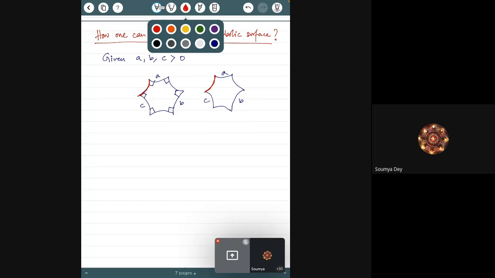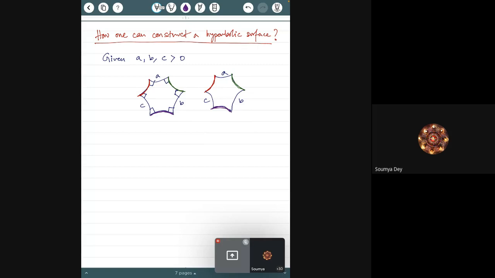Let's color the other side as green, okay? And say the other side is violet. Now what we are doing is, we are gluing this red side to the red side using an isometry, and green side to green side, and purple or violet side with the purple side.